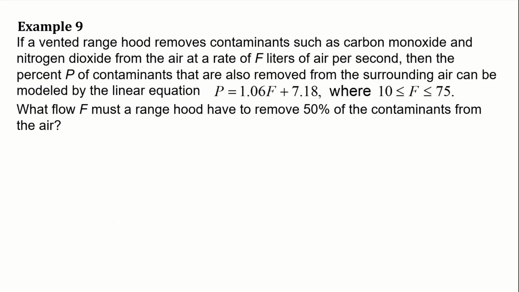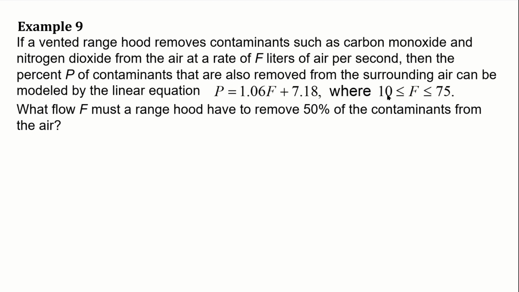All right, here's the last problem we're going to look at today. If a vented range hood removes contaminants such as carbon monoxide and nitrogen dioxide from the air at a rate of F liters of air per second, then the percent P of contaminants that are also removed from the surrounding air can be modeled by the linear equation P equals 1.06 F plus 7.18, where F has a value between 10 and 75 inclusive.